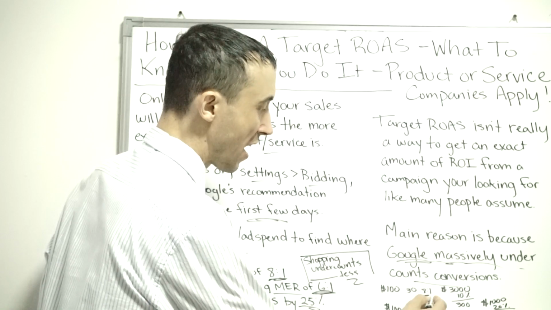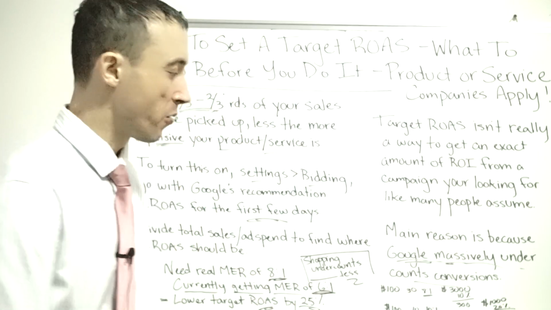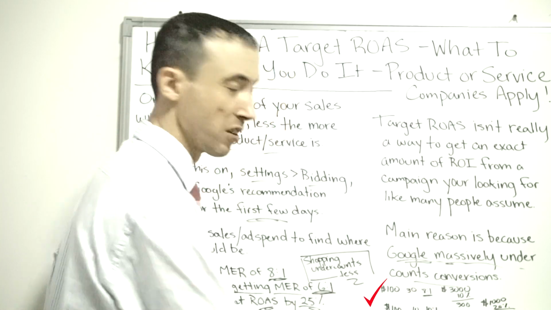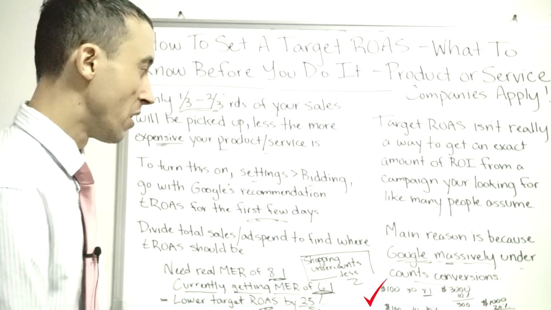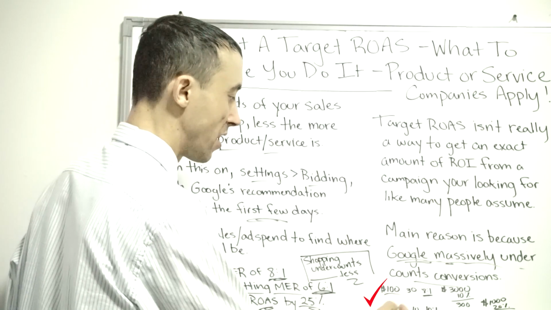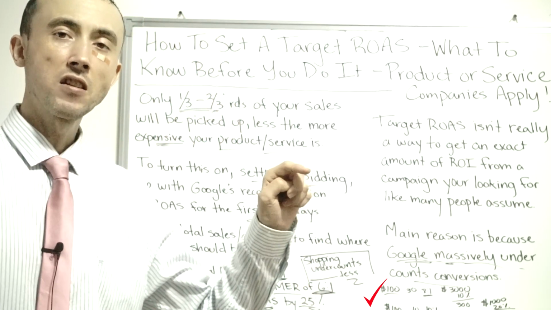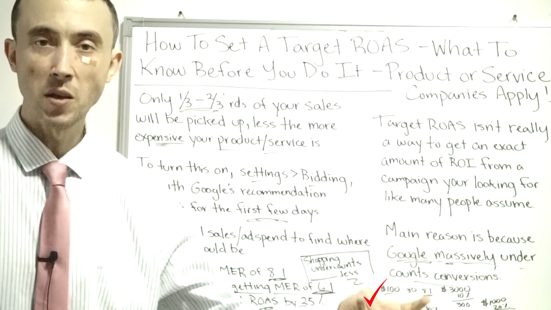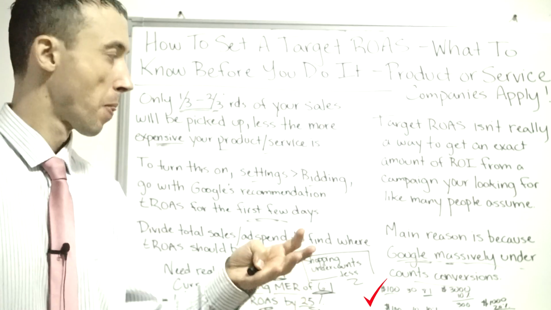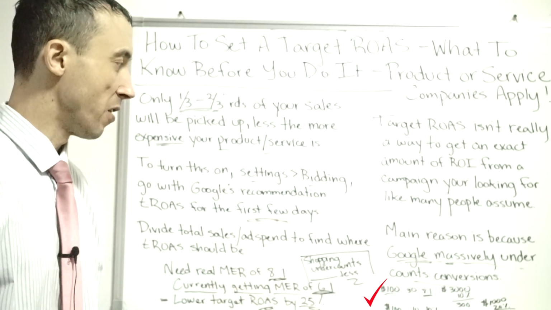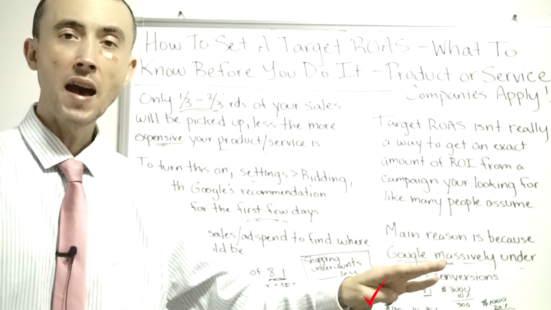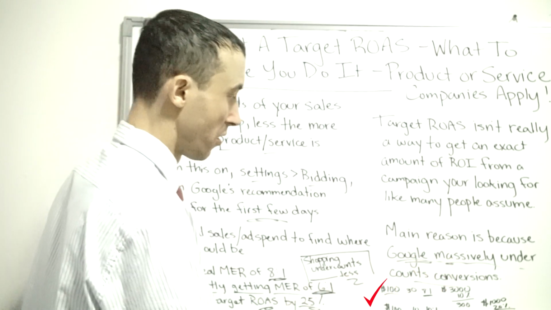If you know you needed an 8-to-1 ratio to be profitable, and what you end up finding you have is a 10-to-1, and you were selling a $100 item, let's say, you could lower your target ROAS by 20%, right? In that scenario. And then you could just sit back and see what happens to your sales.